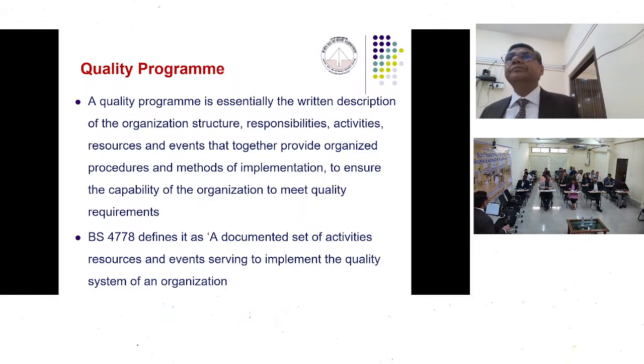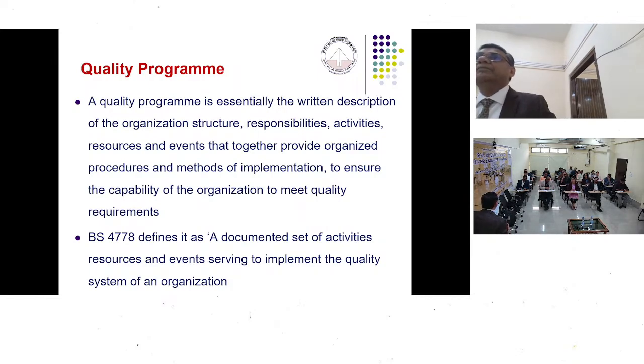For example, you are working as part of a quality assurance team, and you find that there are certain discrepancies in the works being carried out, and you put an objection to it.